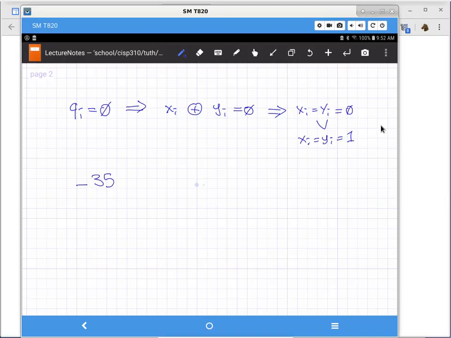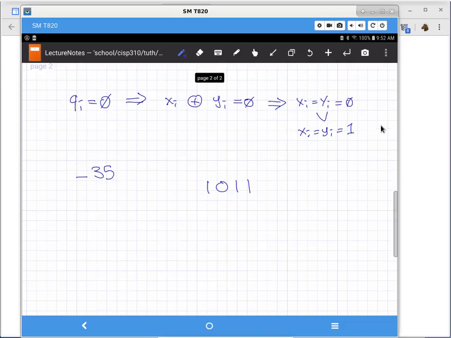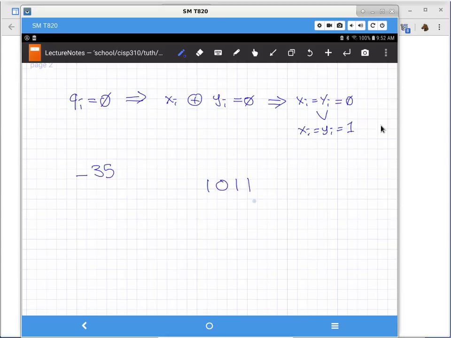So if 1011 is representing 11, the quantity of 11 in base 2, to represent the negation of that, which is negative 11, can't we just do something like that? And just do the same thing, add a little unary minus to the left-hand side, and then we are done.